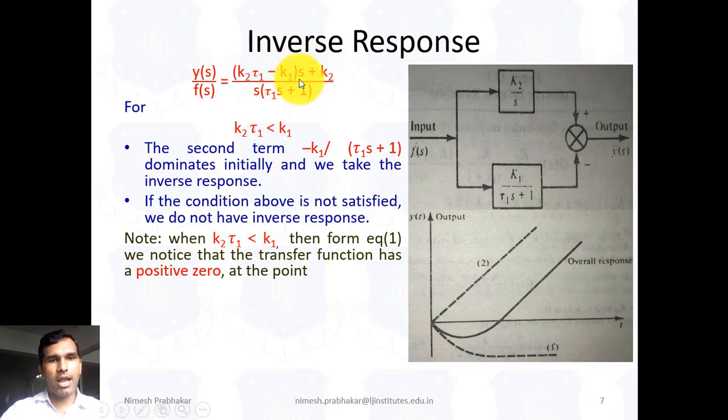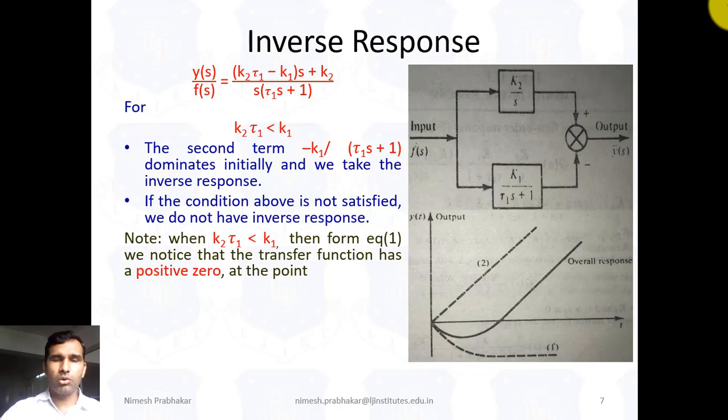We know the zeros and poles. So for this system to have the inverse response, the zeros must have positive value. That means if these zeros have a positive value, then this system has the inverse response. If the zeros have negative value, this condition is not satisfied, so the system does not have inverse response.